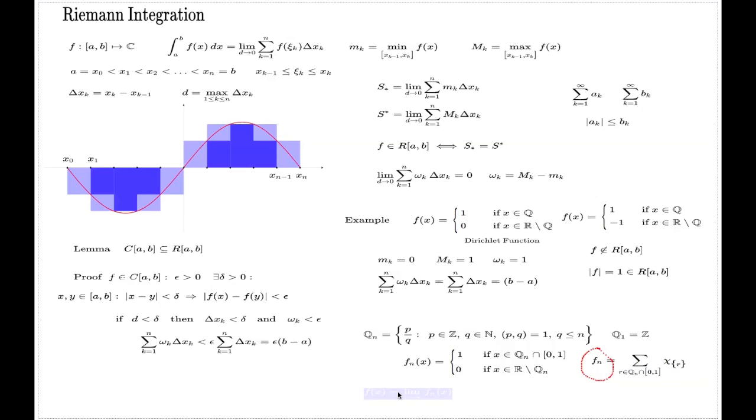Also, you can observe that your original Dirichlet function is the pointwise limit of these functions. And again, you have this very uncomfortable, very inconvenient fact about Riemann integration, which says that although each f n in your sequence is Riemann integrable, the pointwise limit of these functions is not.